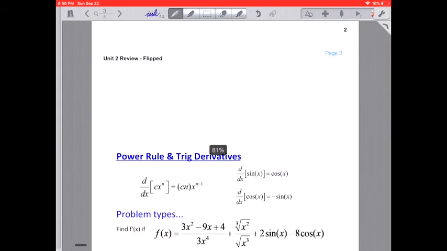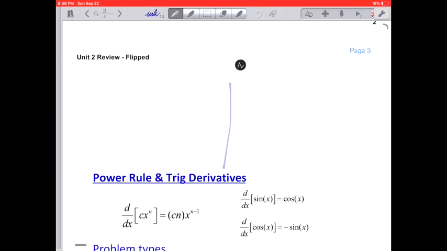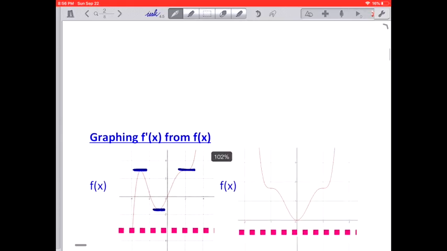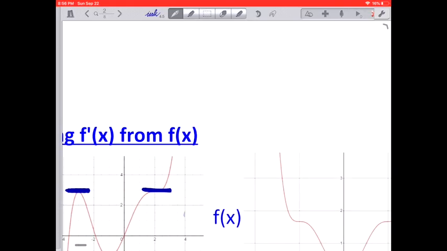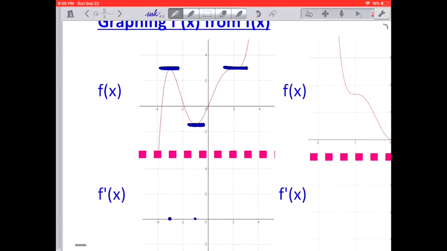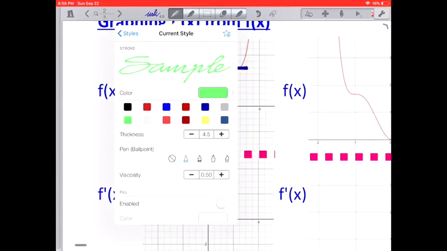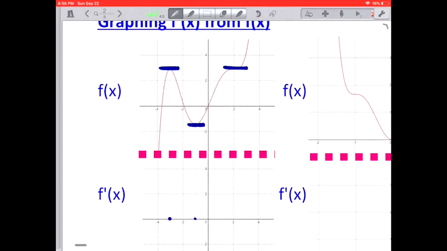Now I want to see where my function is increasing and where my function is decreasing. So I'm going to focus on the increasing first. My function f of x is increasing here, here, and here. So what does that mean? It means the derivative is positive.